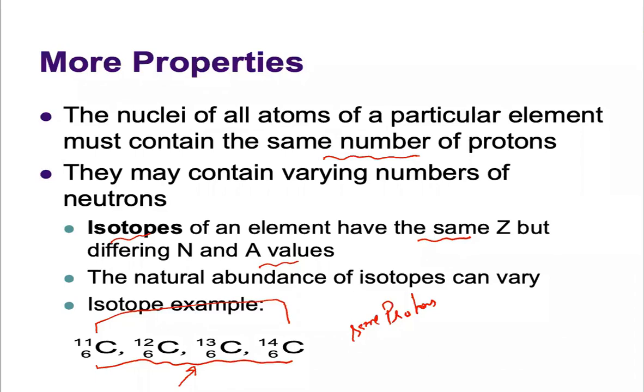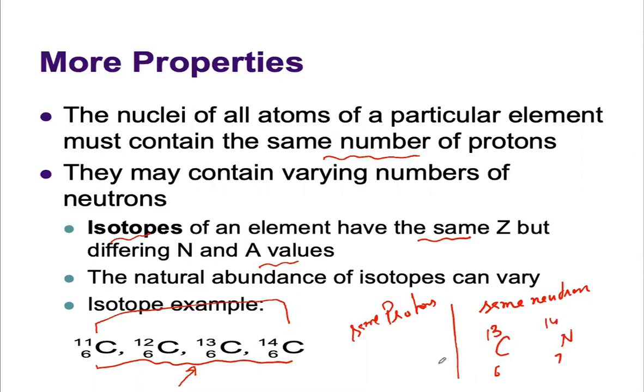About the isotones, isotones are those elements having the same neutron number. So for example, this carbon-13 (6,13) and this nitrogen-14 (7,14), they are isotones, having the same neutron number.